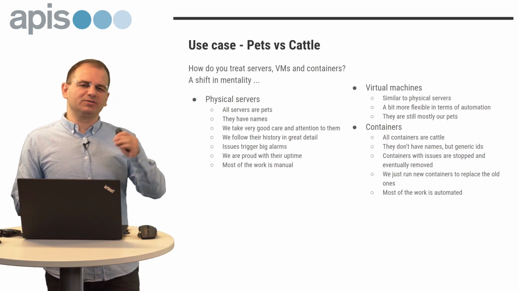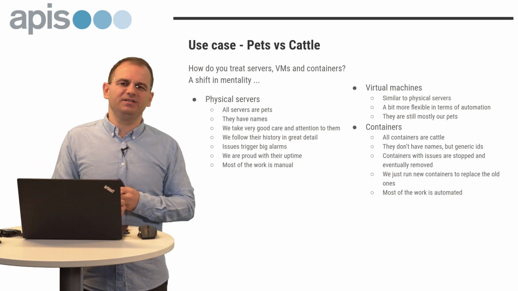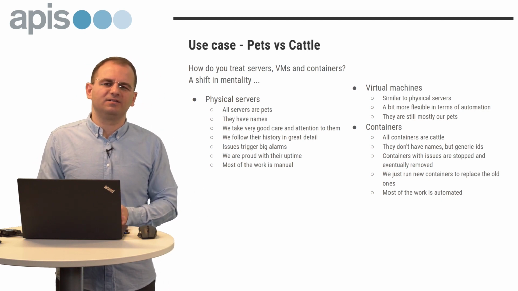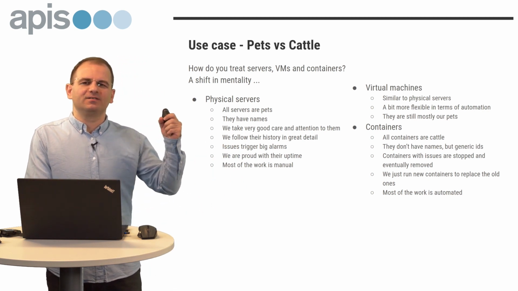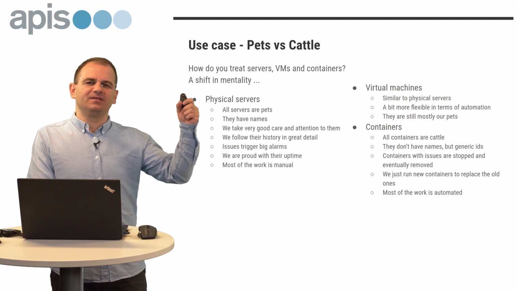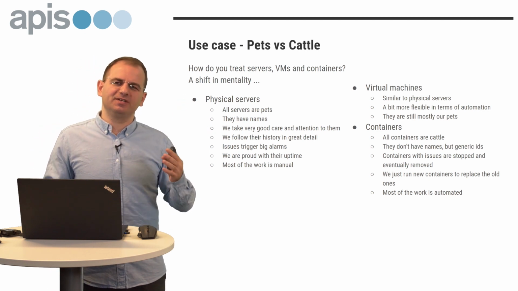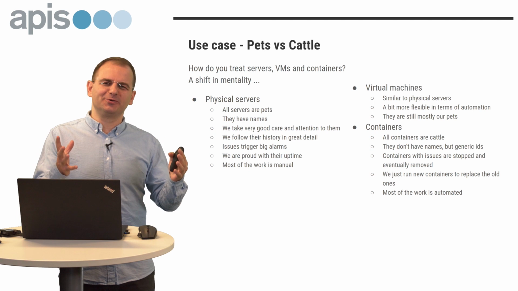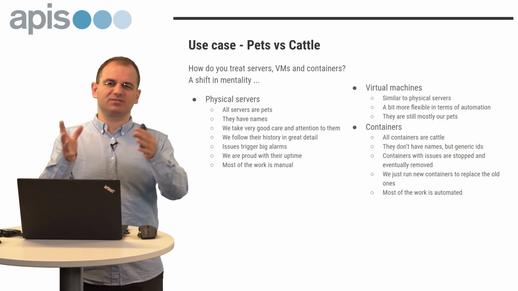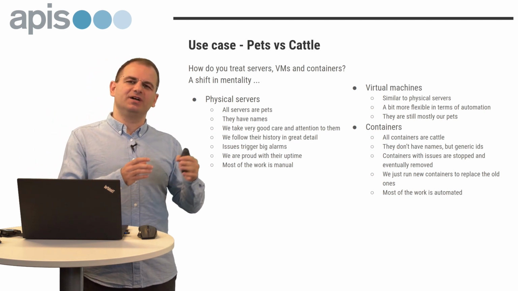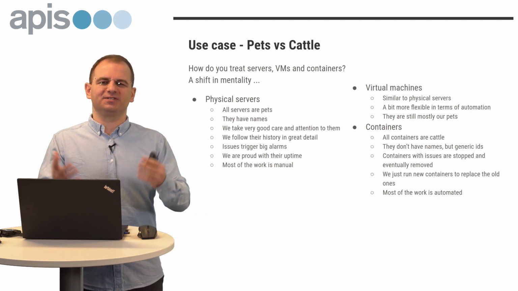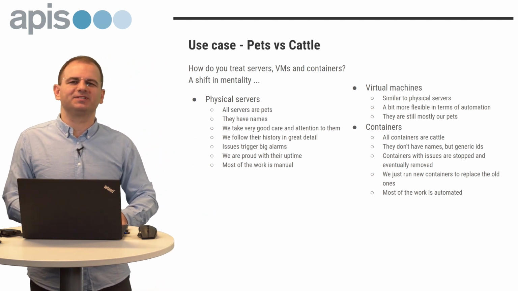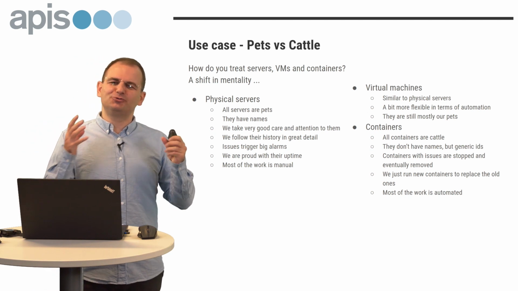So in the final closing minutes of this chapter, I'm going to tackle a few use cases. First of all, there's a big shift in mentality on how you run servers or virtual machines against containers, right? With physical servers, you treat them as pets.